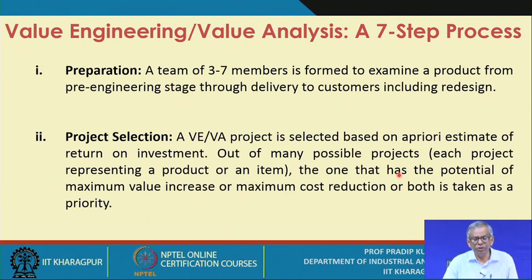A team of 3 to 7 members is formed. That means we are assuming that each and every value engineering or value analysis project is a unique one, and it is a team effort. So that's why the team has to be formed.